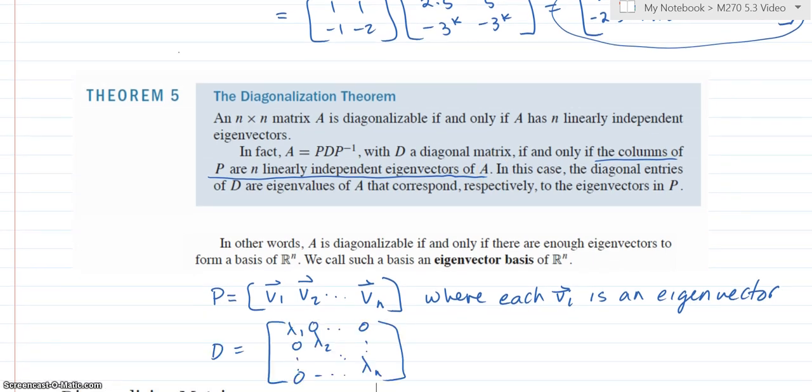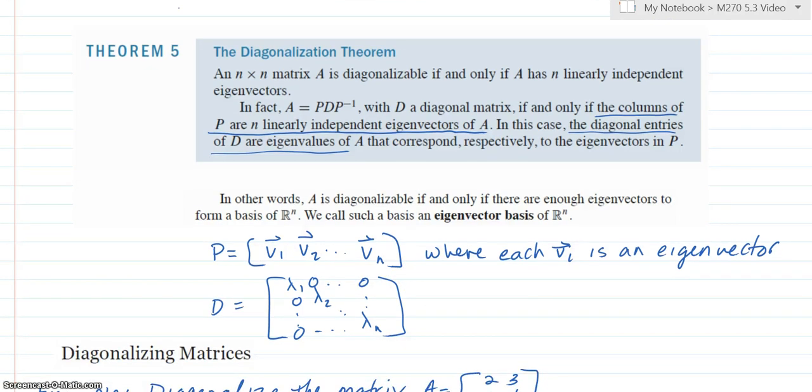And the diagonal entries of D are the eigenvalues of A that correspond to the eigenvectors in P. So lambda 1 better be the eigenvalue for the eigenvector V1 and so forth. Let's look at an example of this.